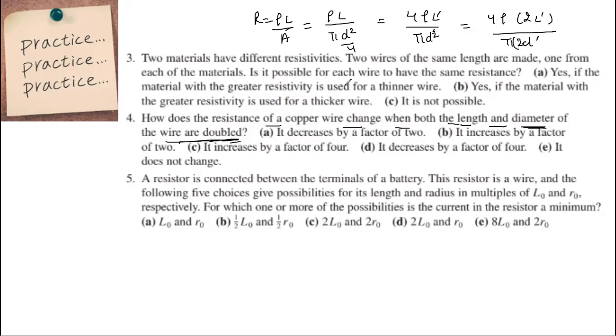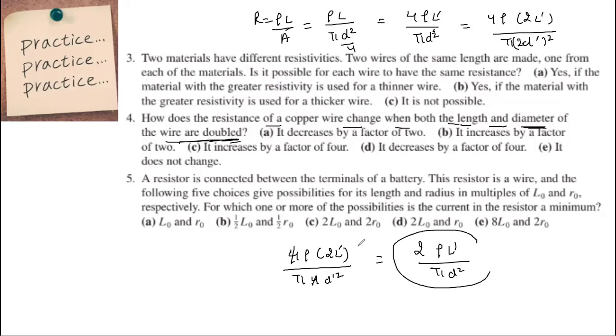Okay, so let me simplify this thing over here. So I have 4 rho and then 2L dash, and then I have pi in the bracket, 2D dash, so it would be 4D dash square. So this 4 and 4 can cancel, so it will become 2 rho L dash upon pi D square, right?